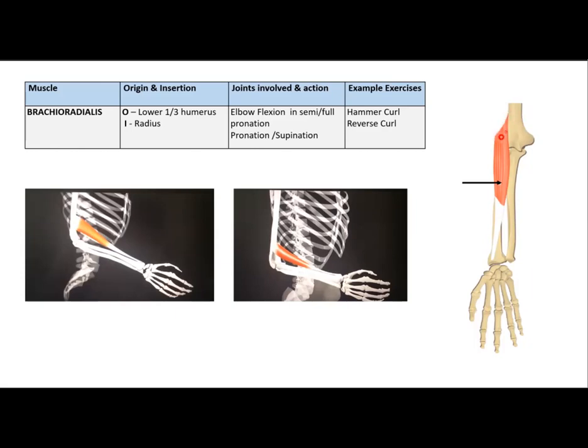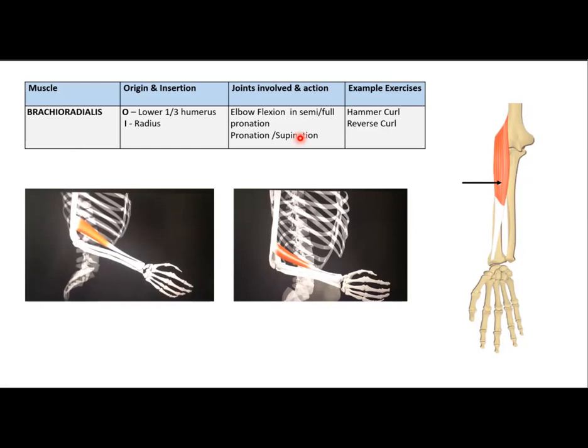But it also goes over your elbow joint, and when it does, it does a flexion as well. It assists either in a semi or full pronation or also in a supination. So no matter how you change your hand position, that one is always involved, more or less.